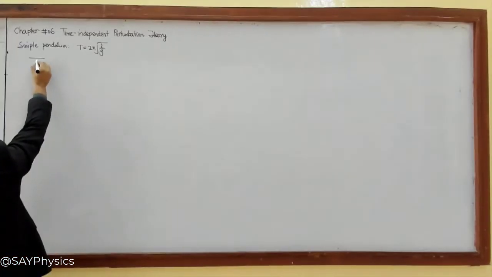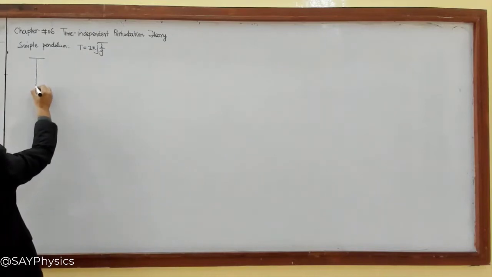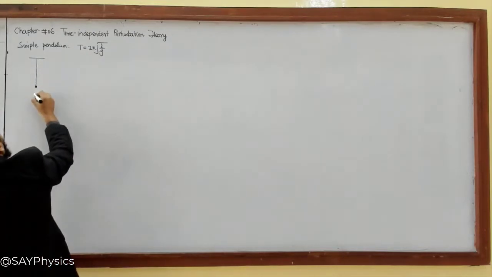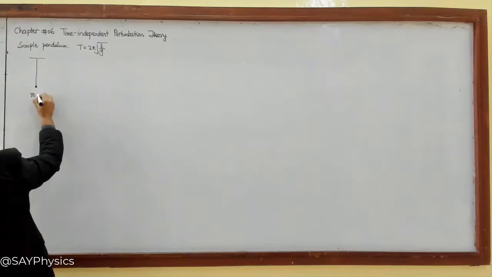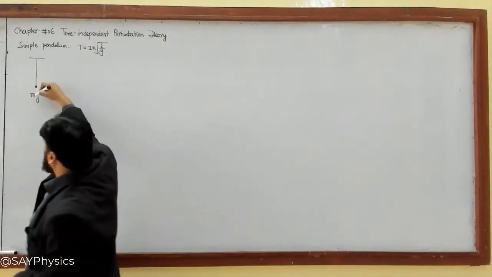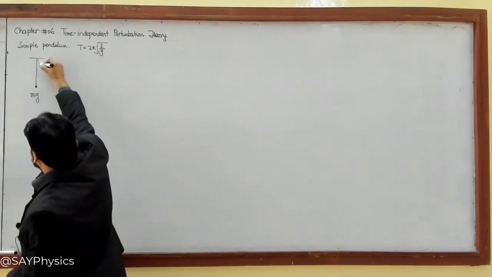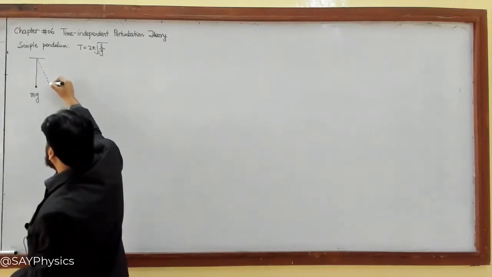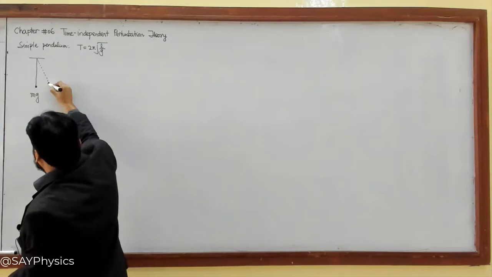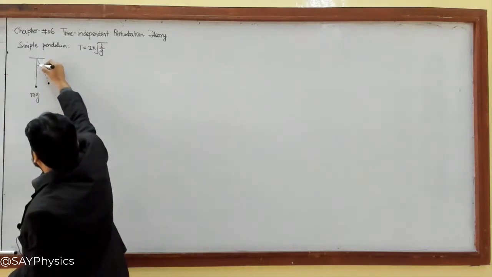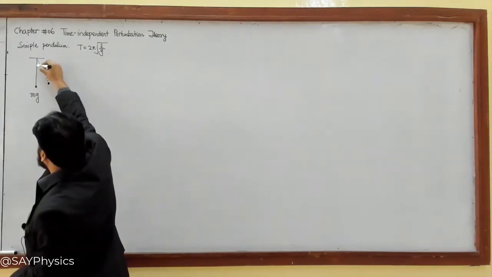Let's say we have a pendulum with mass m, so it has a downward force mg. Now when you give a little bit of oscillation to this, this is the angle theta that it will make. It starts from the base and reaches the high point.